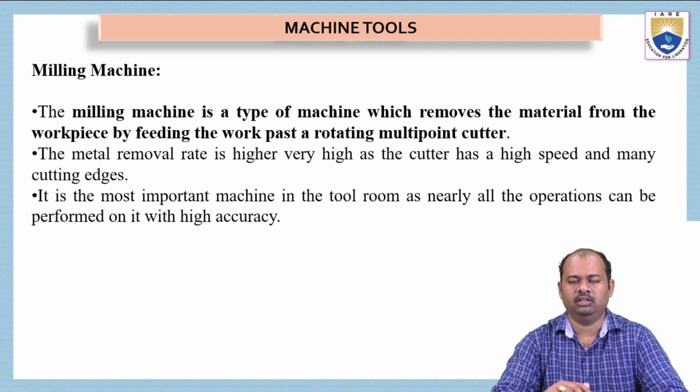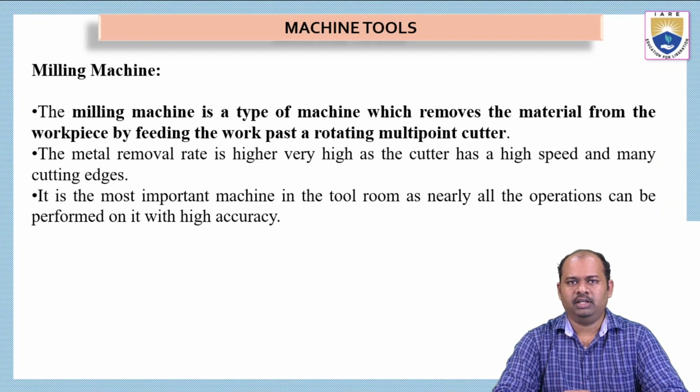But in a milling machine, we have a multi-point cutting tool, whereas in a lathe machine, we have a single point cutting tool. This is the main difference between a milling and lathe machine. The construction is also different in the case of a milling machine. We have vertical milling machines, horizontal milling machines, and different operations that can be performed on a milling machine.